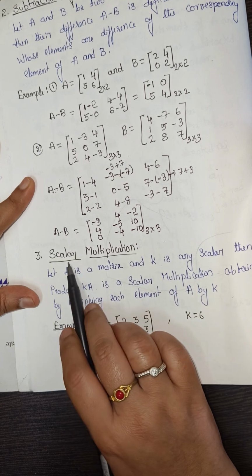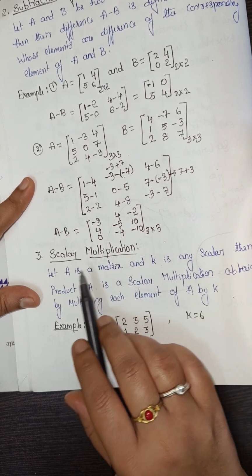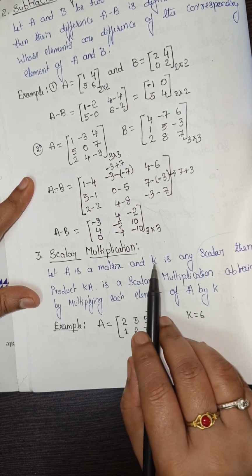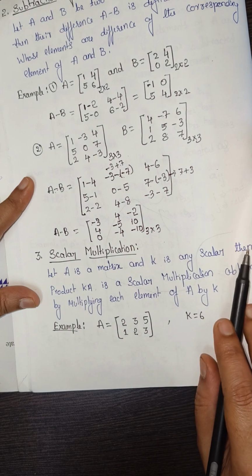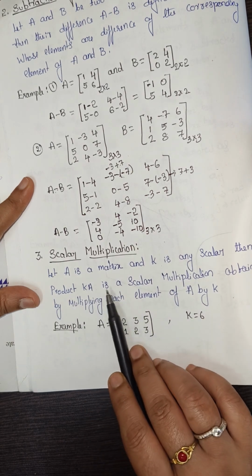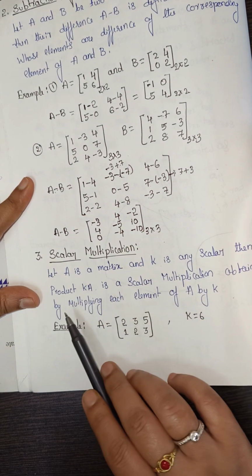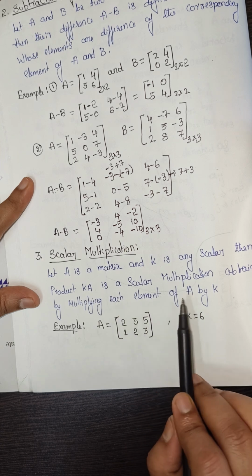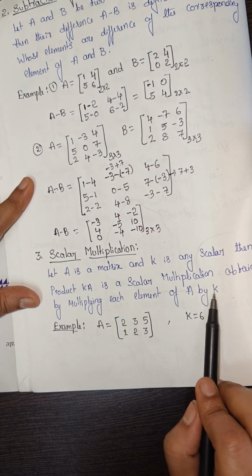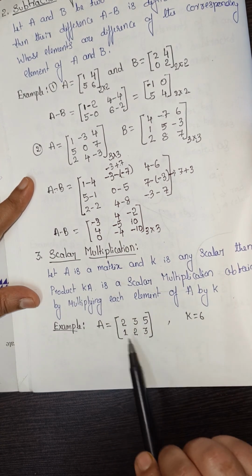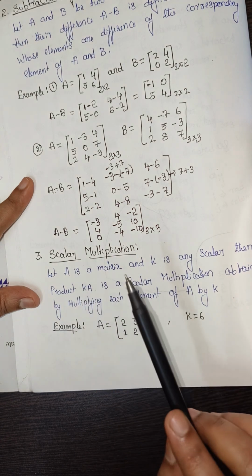Next is scalar multiplication. Let A be any matrix and K be any scalar. Then the product KA is the scalar multiplication obtained by multiplying each element of A by K. It is called scalar multiplication.